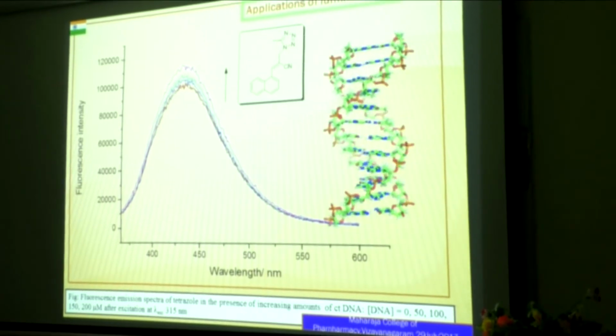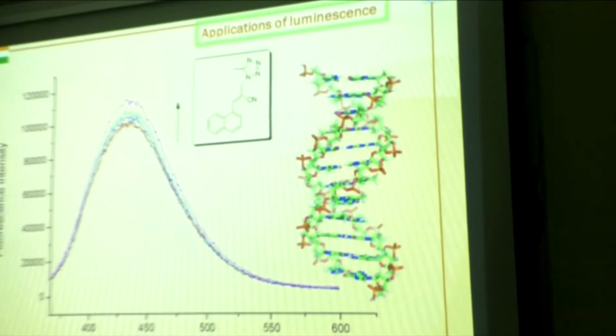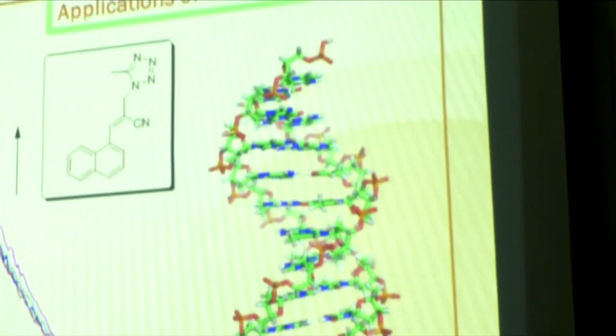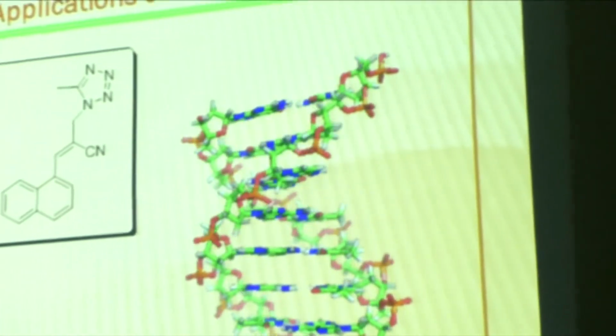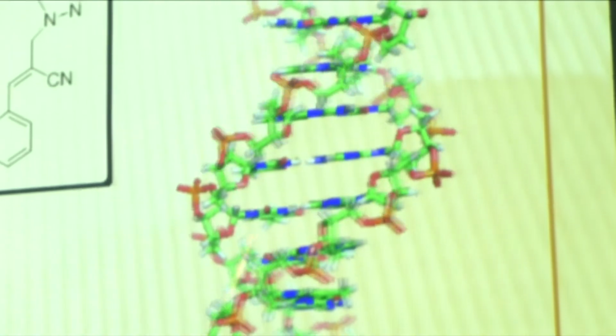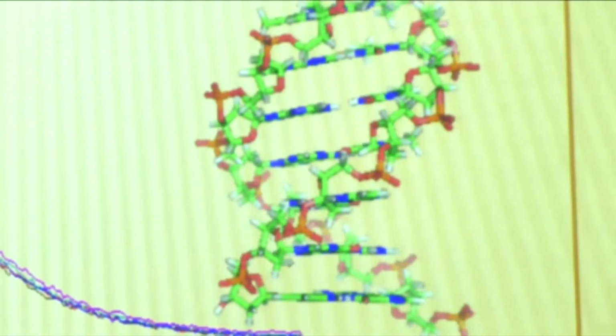So this assay had to be developed. We took calf thymus DNA, CT DNA, prepared a solution and added this chemical. This chemical binds with the DNA. When it binds with the DNA, there is an increase in the luminescence.